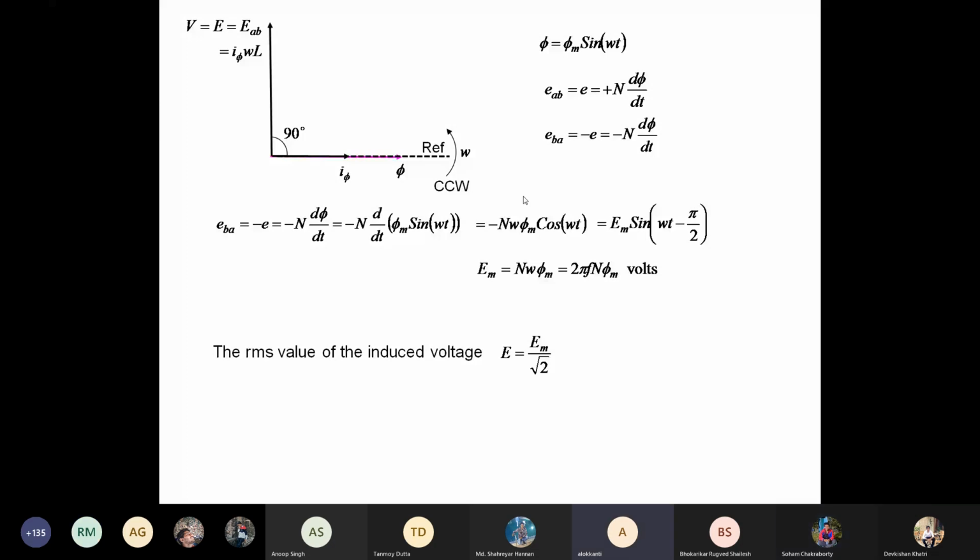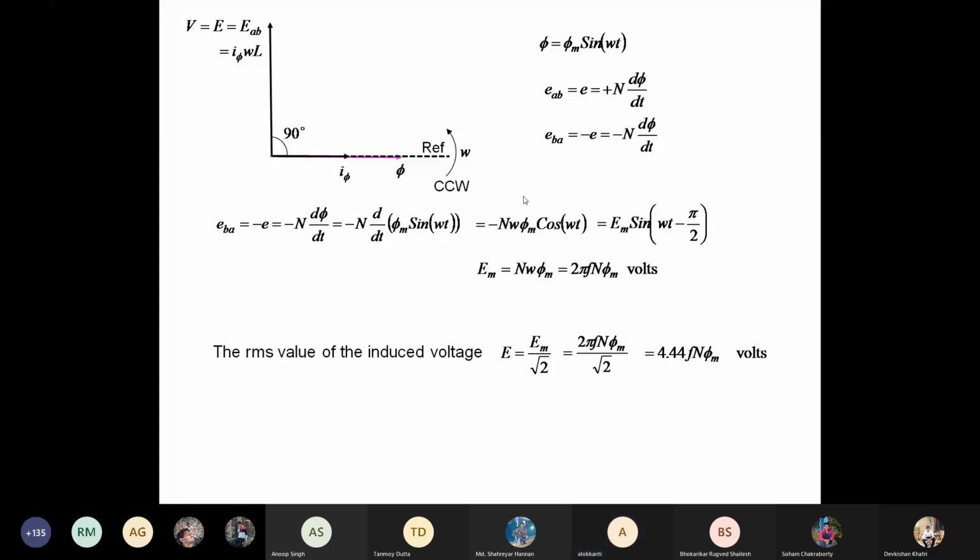And if you substitute Em equal to 2 pi f n phi m, divided by root 2, you will come up with this number 4.44. So 2 pi by root 2, all of you can work out, actually comes out to be 4.44.